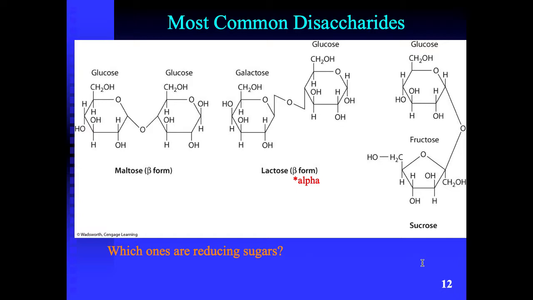In order to name these bonds, you have to identify the anomeric carbons and whether or not that anomeric carbon is in the glycosidic bond. So the first thing you do is find the anomeric carbon. Well, in glucose, it's right here. And if we look at this glucose molecule, it's right here. So this anomeric carbon is involved in this glycosidic bond.